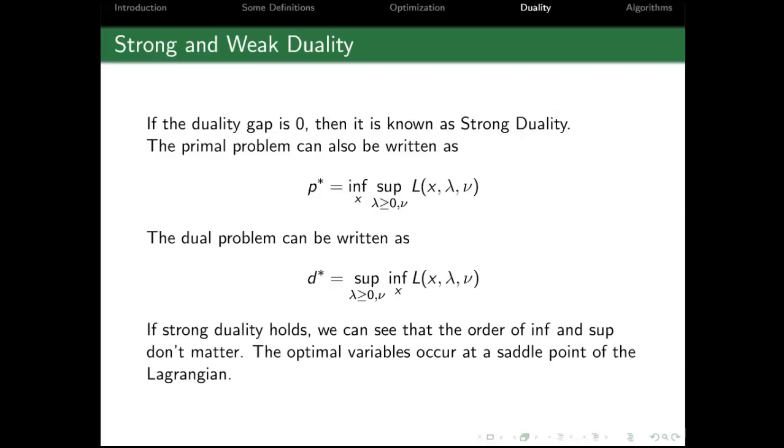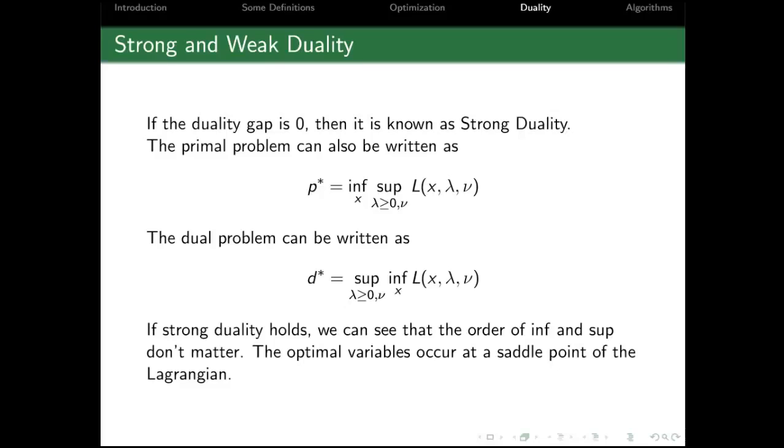So first we can see that p star can be written as infimum over supremum of L, and d star can be written as supremum over infimum of L on appropriate variables. So when strong duality holds, we know that p star equals d star. So you can see that the order of the infimum and supremum can be interchanged and it's equivalent.